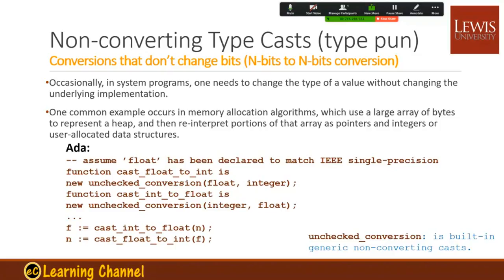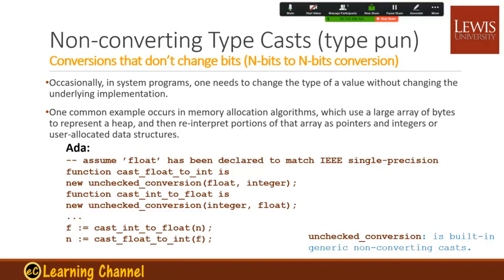Occasionally in systems programming, one needs to change the type of a value without changing the underlying implementation. One common example occurs in memory allocation algorithms, where a large array of bytes is reinterpreted. Be careful, it's reinterpreted.